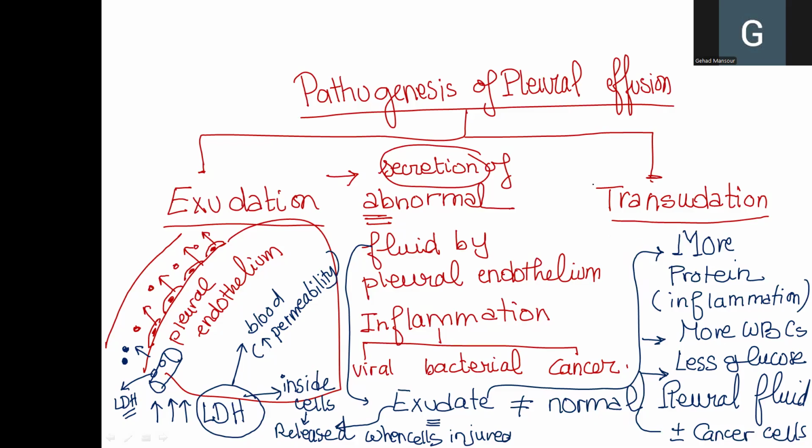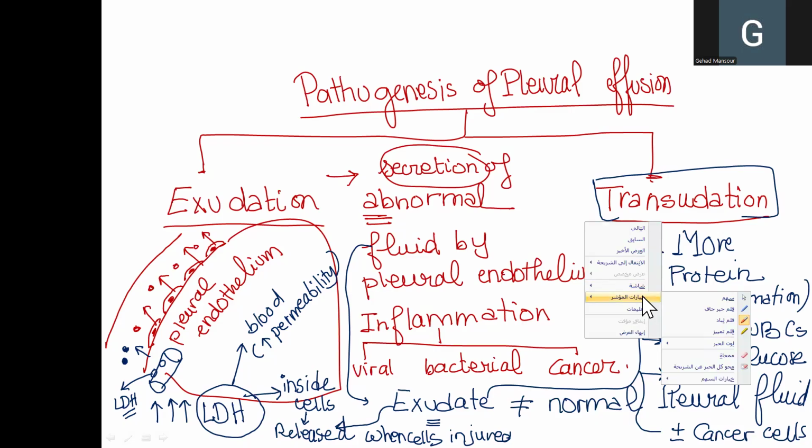And now we're going to talk about the second factor, which is transudation, as a second cause of pleural effusion. So what is transudation and how does transudation help formation of pleural effusion?